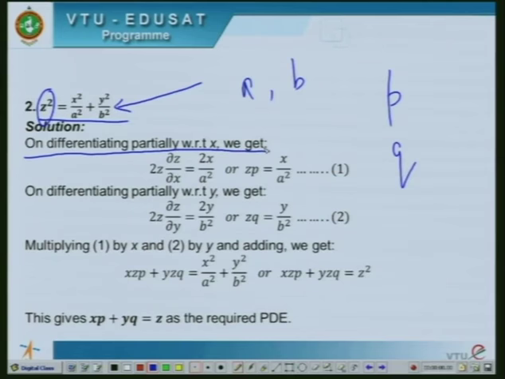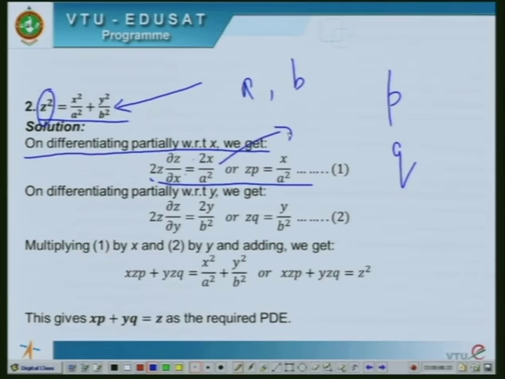So, if I take the given expression and differentiate partially with respect to x, z square will give 2z dou z by dou x is equal to, right side x square is 2x by a square, y is a constant, so that will be 0. So, you are left with 2z dou z by dou x equal to 2x by a square.